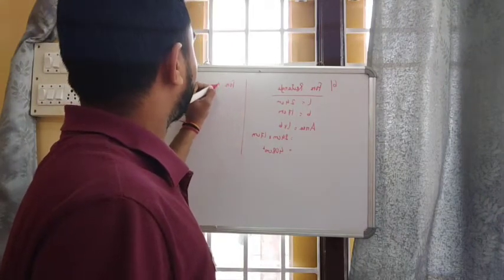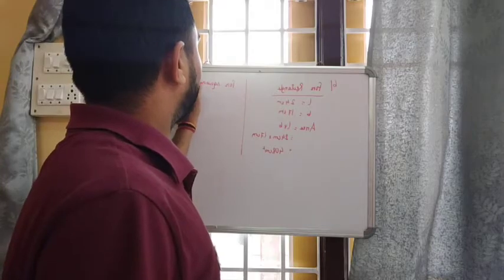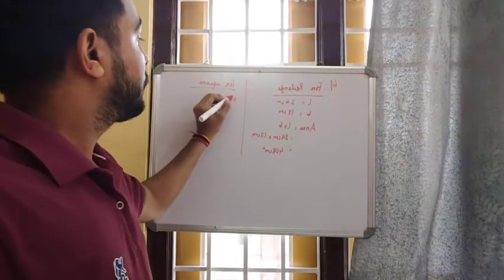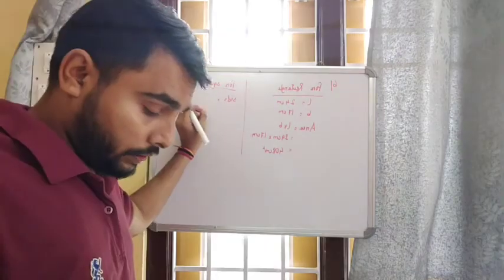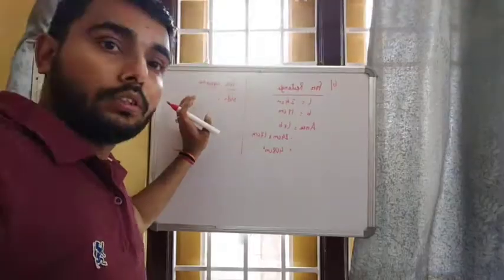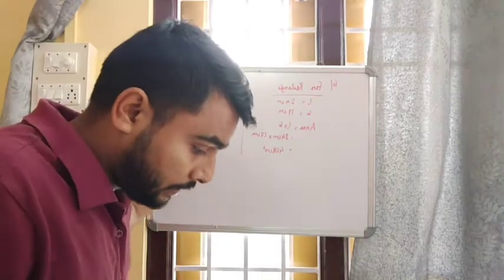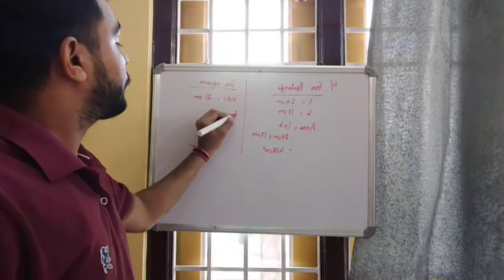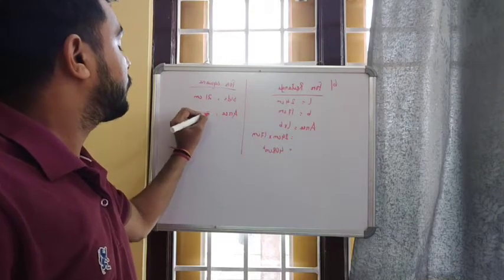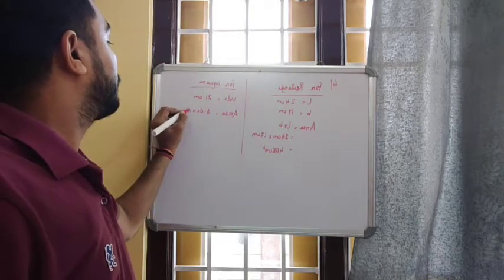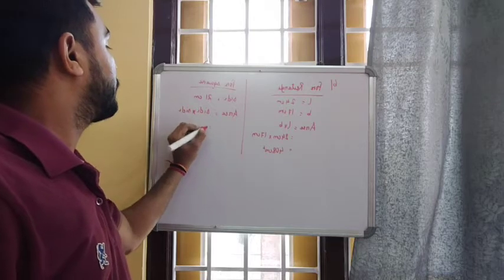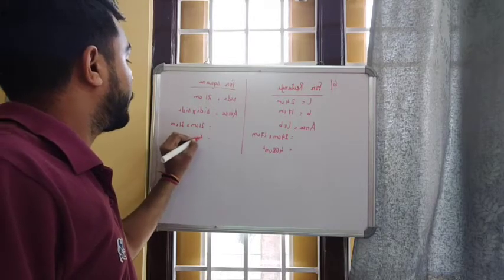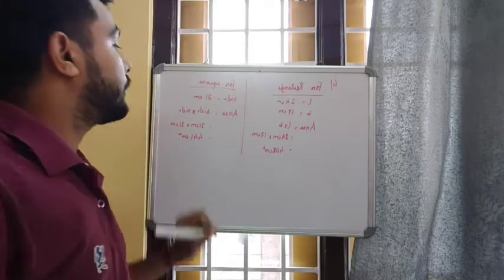For the square, what is the side here? For the square we have side as 21 centimeter. So area will be side into side, that is 21 centimeter into 21 centimeter, 21 into 21 is 441 centimeter square.